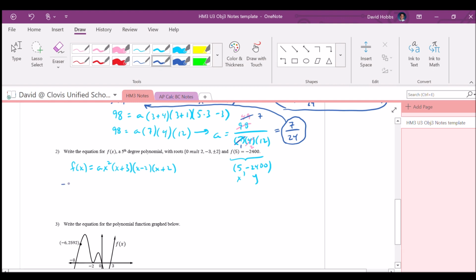So negative 2400 equals a times, okay, now 5 squared and 5 plus 3 and 5 minus 2 and 5 plus 2. So a is negative 2400 over 25 times 8 times 3 times 7.